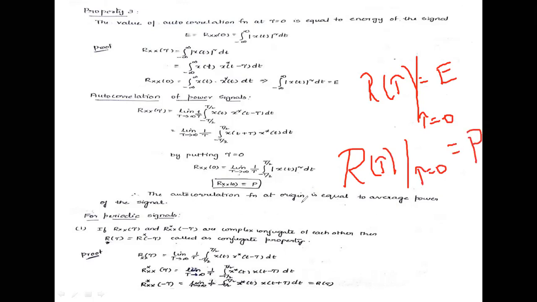The autocorrelation function at the origin is equal to the average power of the signal, and for an energy signal it is equal to the energy of the signal.